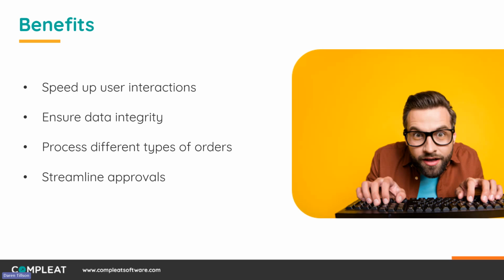We can ensure we're getting data integrity. What we mean by that is, rather than having a free format text field allowing people to put anything in there, we could have predefined lists of data to ensure that it is uniform across the business. We can process different types of orders. A lot of implementations out there may have just the one layout.